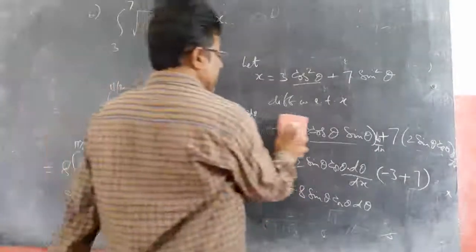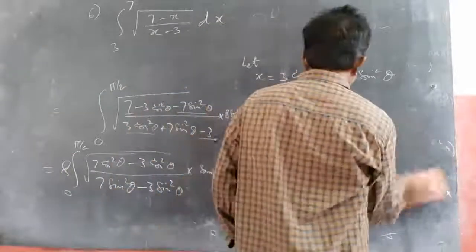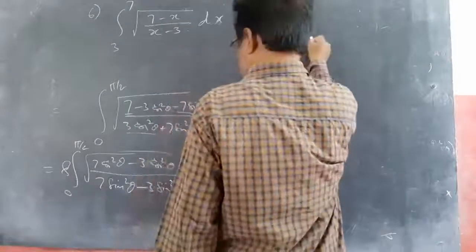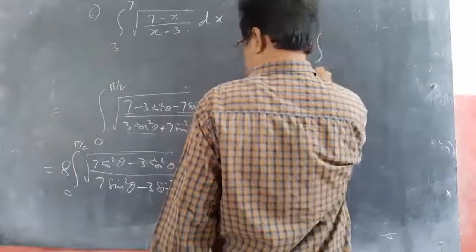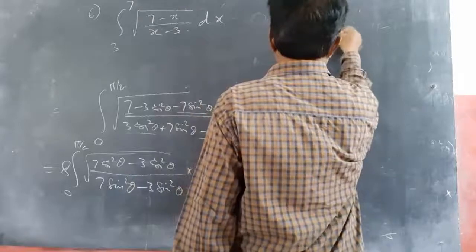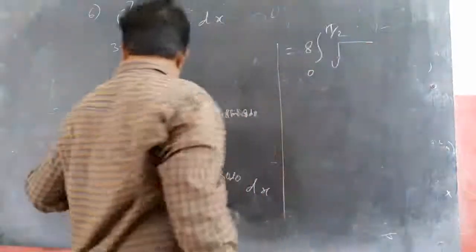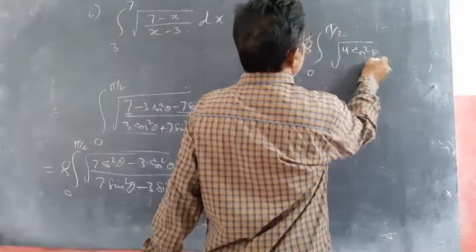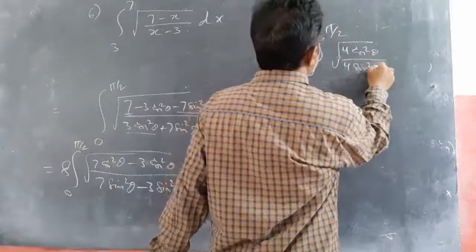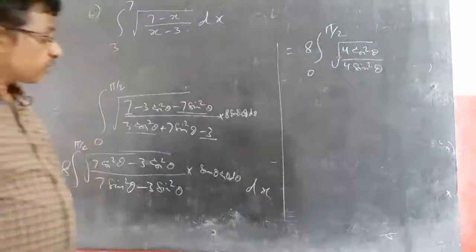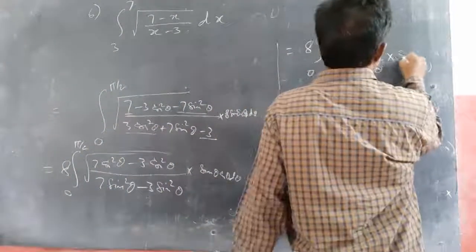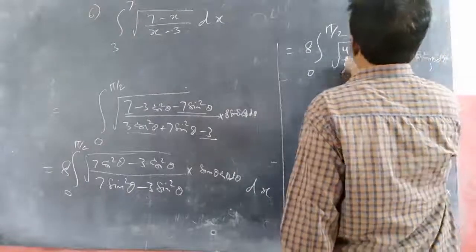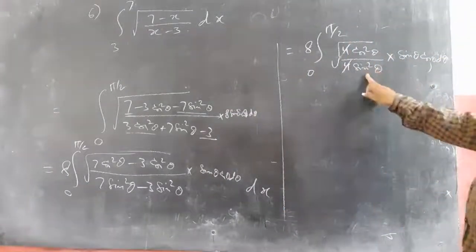Now the equation becomes integral of 8 outside as it is, 0 to pi by 2, square root of 7 cos square minus 3 cos square, 4 cos square theta by 4 sin square theta, into sin theta cos theta d theta. Now 4 cancels. Root of sin square theta is cos theta.